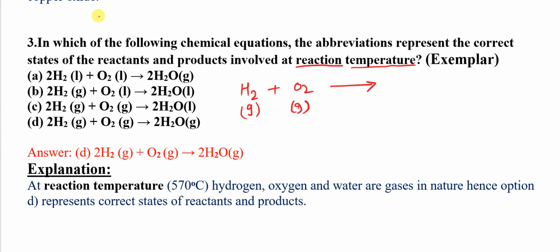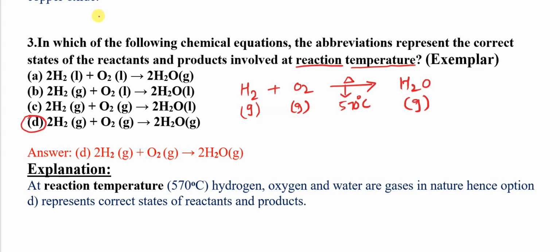When you heat this, we need a temperature of 570 degrees Celsius to get water. As the temperature is very high, the water will be in the gaseous state, steam form. The suitable answer is this one.